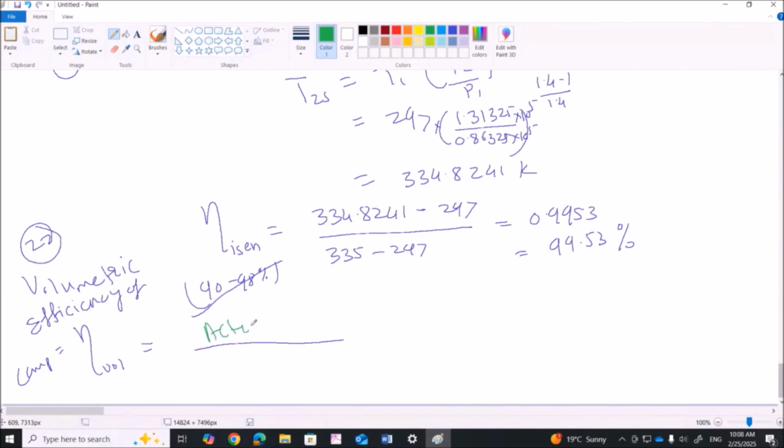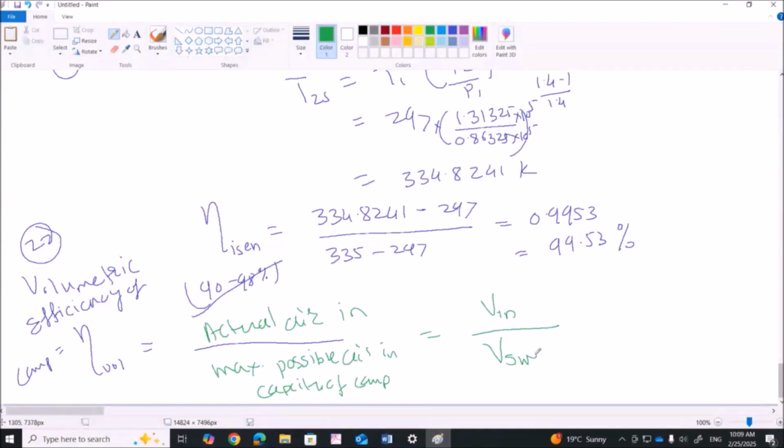Volume flow rate of actual air in divided by maximum possible air in, and that is the capacity of the compressor. So what is the actual air going inside the compressor? The volume flow rate V in. And what is the capacity? V swept, the stroke volume for a reciprocating compressor, the swept volume for a rotary compressor.